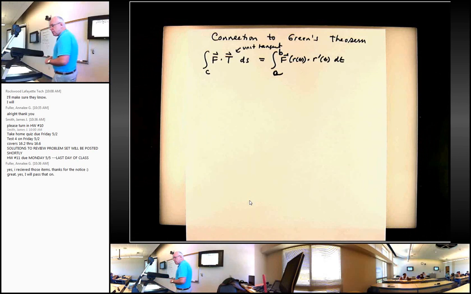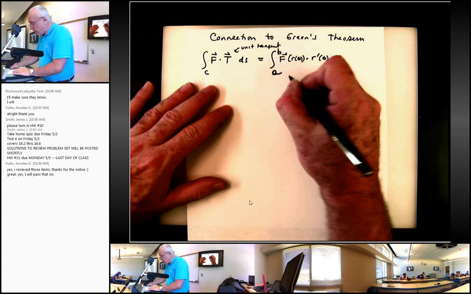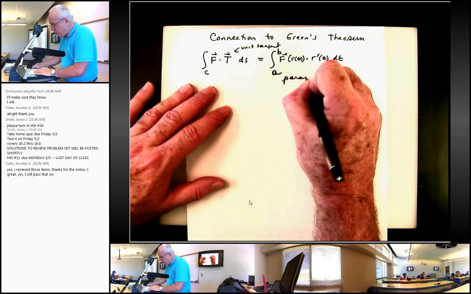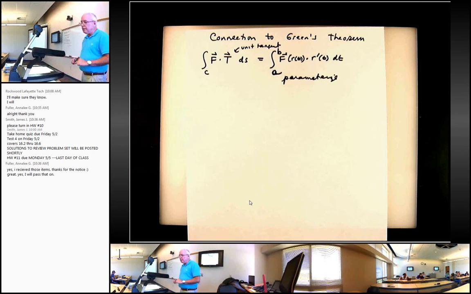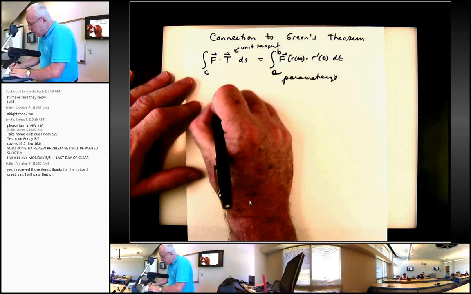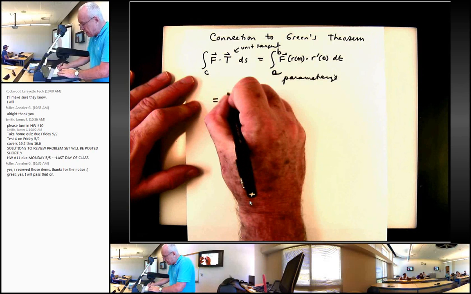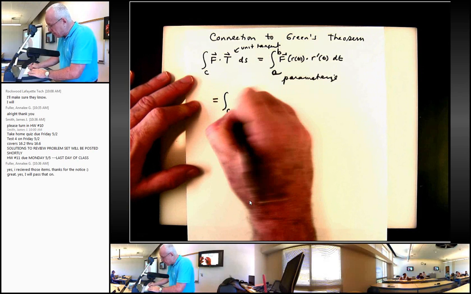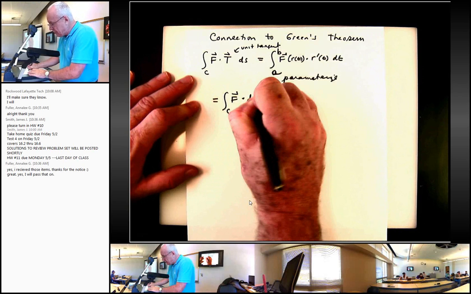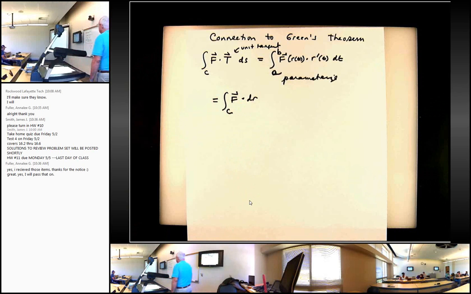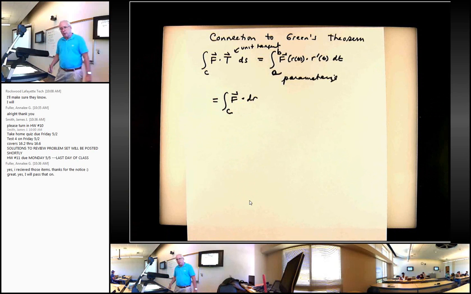Right, that's another way. This is where we parameterize and calculate it. Another notation for this that I should have already written was the line integral along C of f dot dr. That's another notation for this.